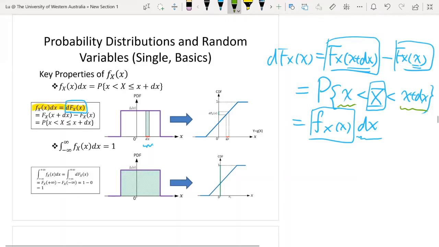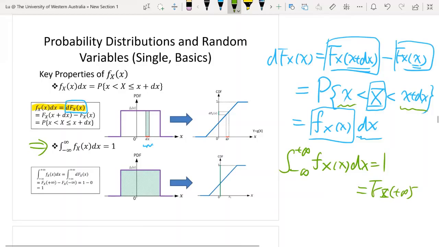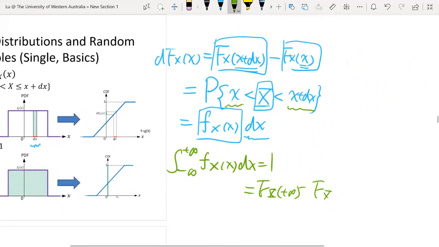Using the same idea here, in the next property, we can derive one more property. So next one, we are saying the integral from negative infinity to positive infinity of fx(x) dx equals 1. But what is 1? 1 is actually equal to Fx of positive infinity minus the CDF function when the input is negative infinity. That is because this value is 1, this value is 0.